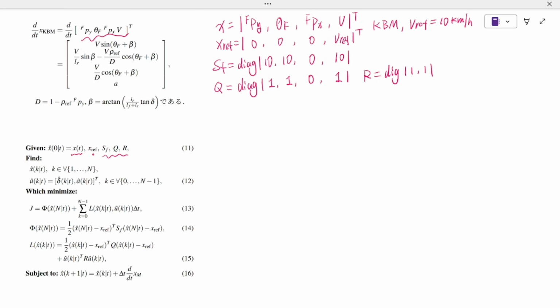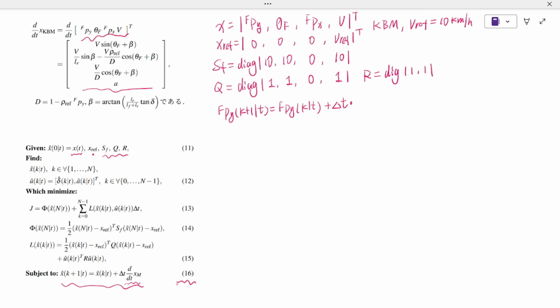All right. Next, we substitute the KBM into equation 16. This equation, fpy k plus 1 given t equals fpy k given t plus delta t times, note here, the dx by dt is this matrix.